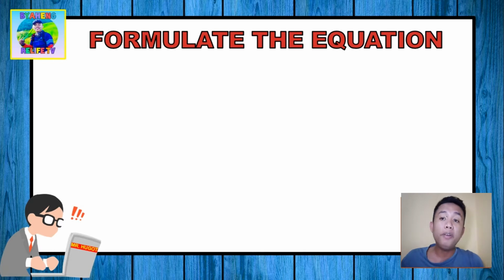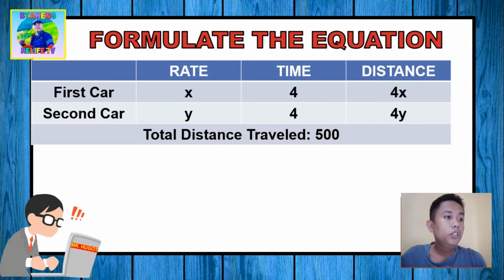Ang ating gagawin guys, maghahanap tayo ng dalawang linear equation out of our problem. So let's try to examine the problem again para mapag-formulate tayo ng ating equation. We have the rate of the first car which is x. And the time na kinover nila ay 4 hours.